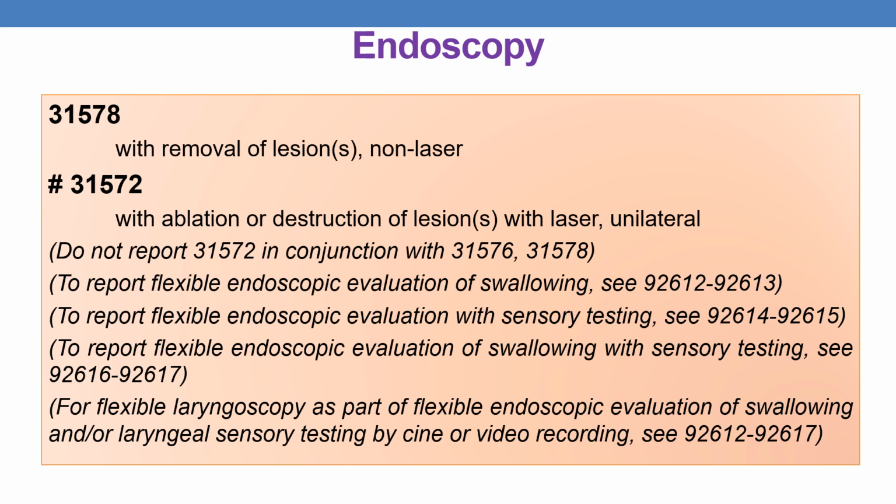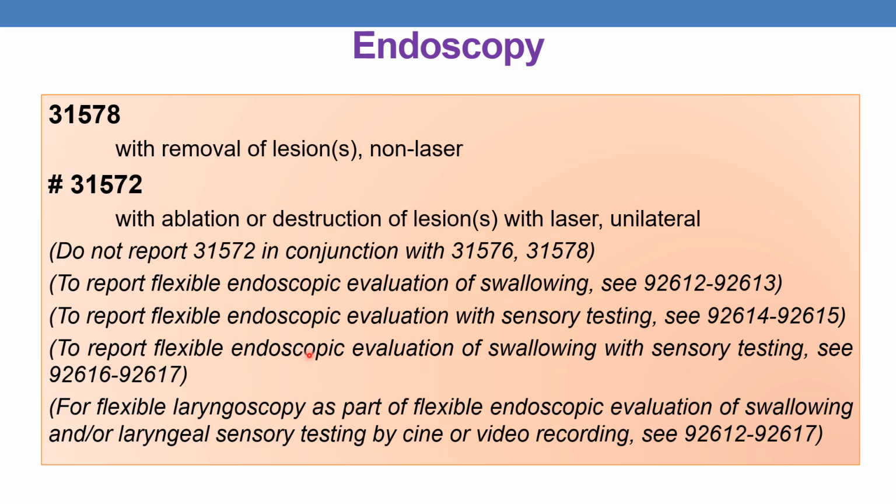To report flexible endoscopic evaluation of swallowing, you need to see 92612 to 92613. And to report flexible endoscopic evaluation with sensory testing, you need to see 92614 to 92615.